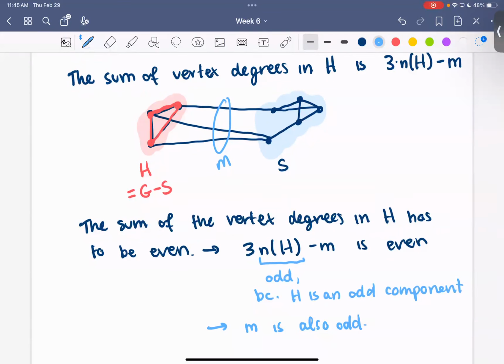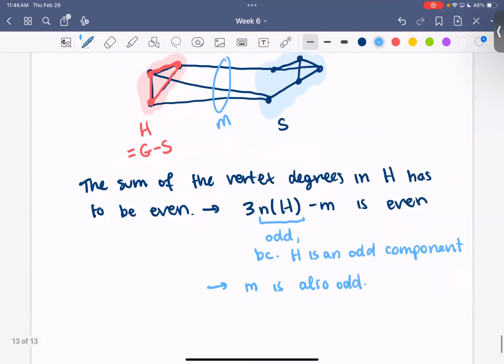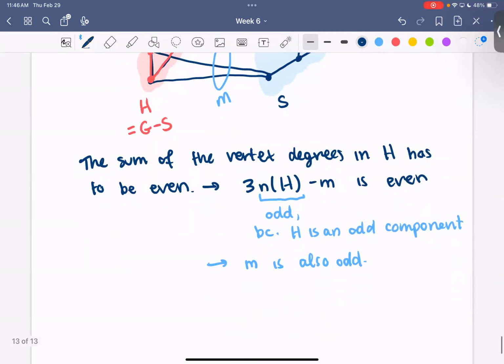Okay, we're very close. We want to conclude that M is at least 3. So the only case we have to rule out now is M equals 1. So why can't M be 1? Yeah, since there are no cut edges, M is not equal to 1.